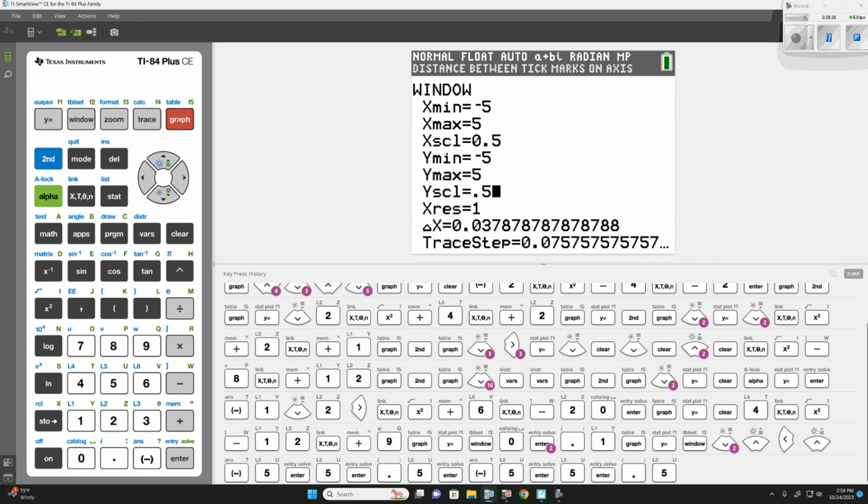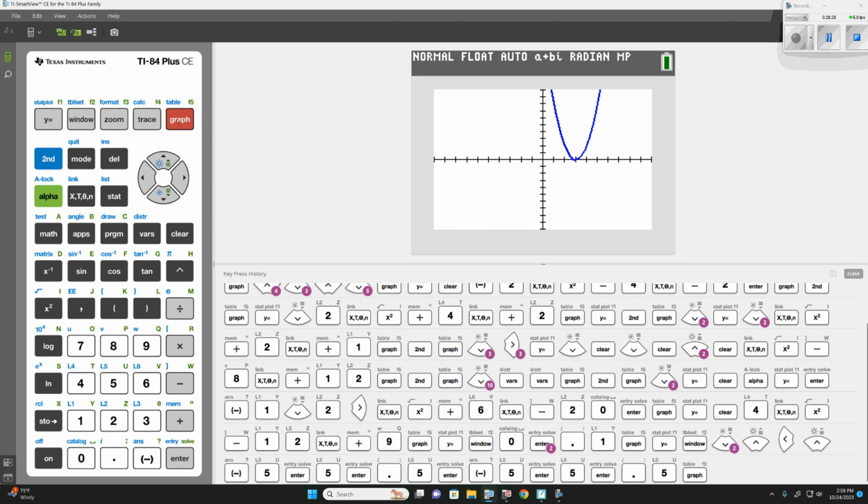I'm messing with the scale of the graph. So does it cross there? Well, it's hard to tell what's going on. Whenever we're graphing, if it does not intersect at nice numbers, it's hard to tell.